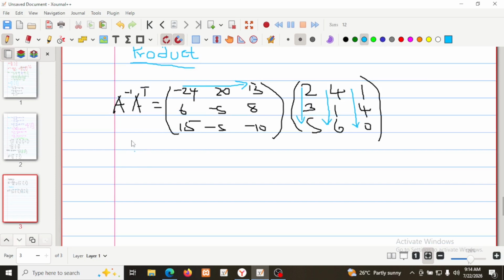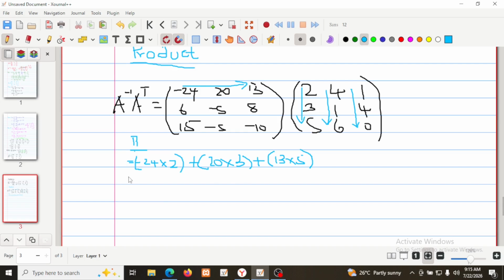So we have the first part, let me say part 1, equals negative 24 times the 2, let's put in a bracket, added to 20 times 3, added to 13 times 5.